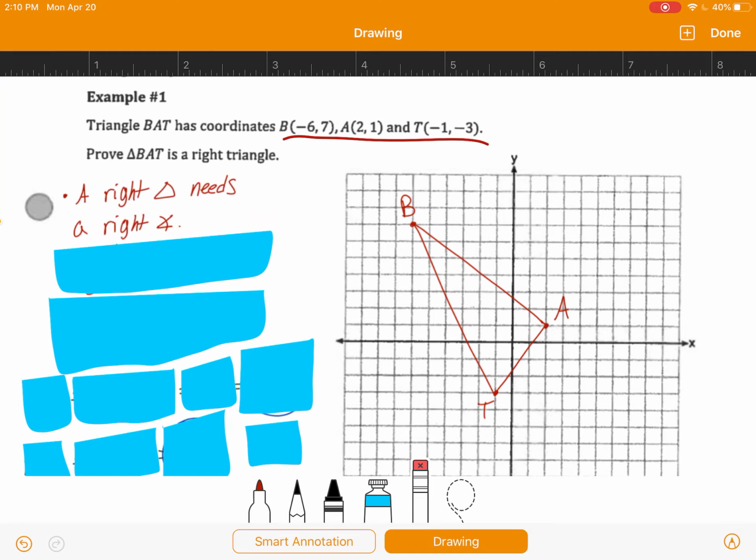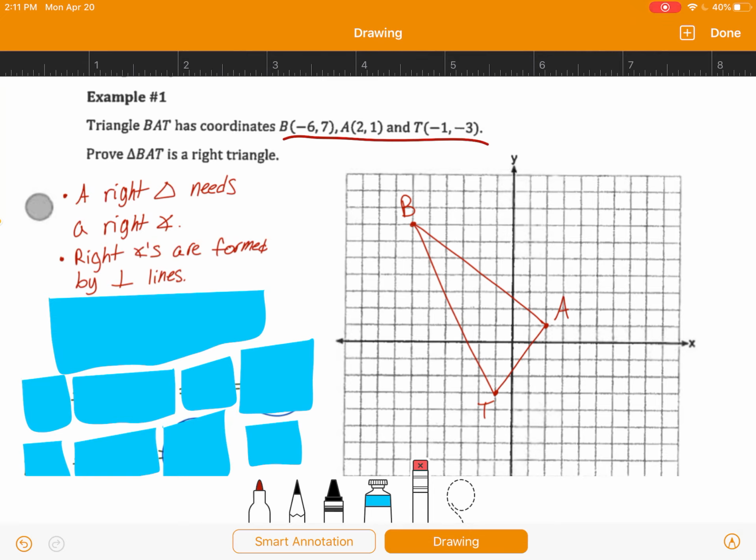We know that all right triangles need a right angle. So by looking at our picture, we can tell that it's most likely going to be angle A that's going to be our right angle. So we're going to try and prove that angle A is going to be 90 degrees. Now, to tell something's 90 degrees, we're going to need perpendicular lines because perpendicular lines form right angles.